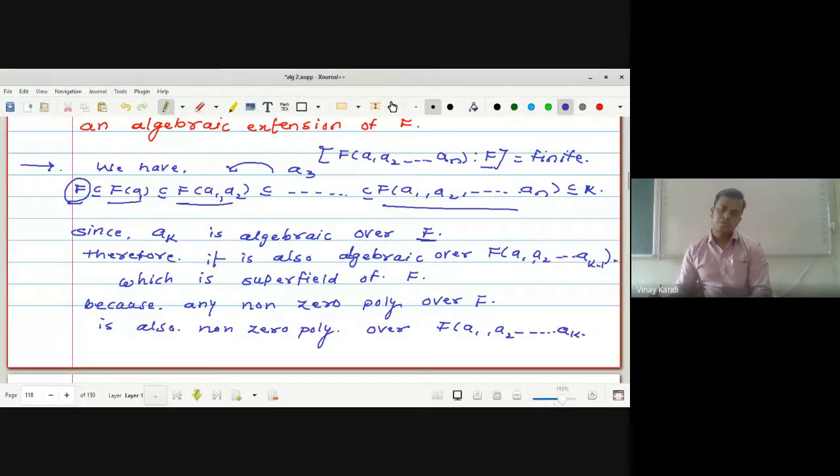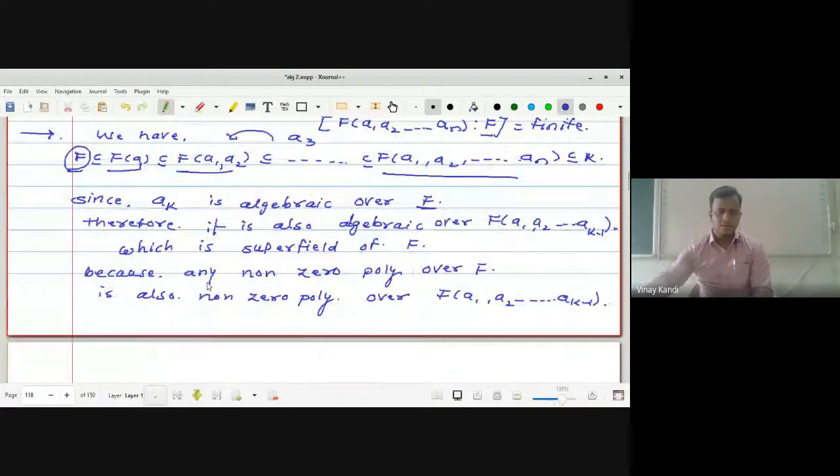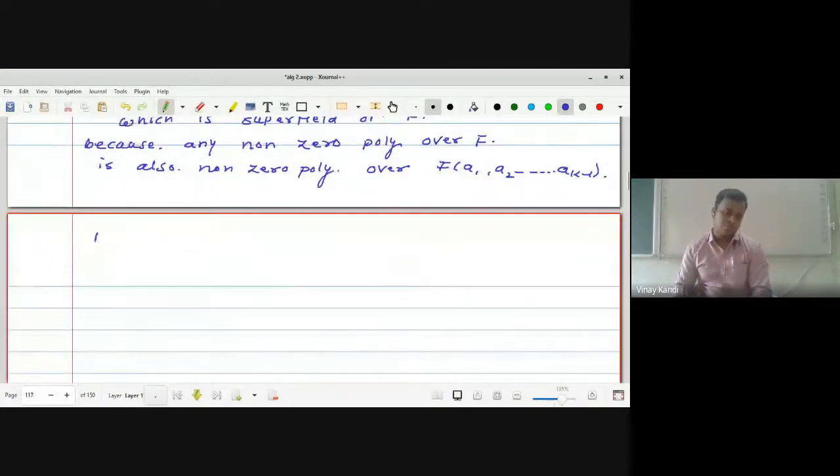Now AK is algebraic over F of A1, A2, up to so on, AK minus 1.